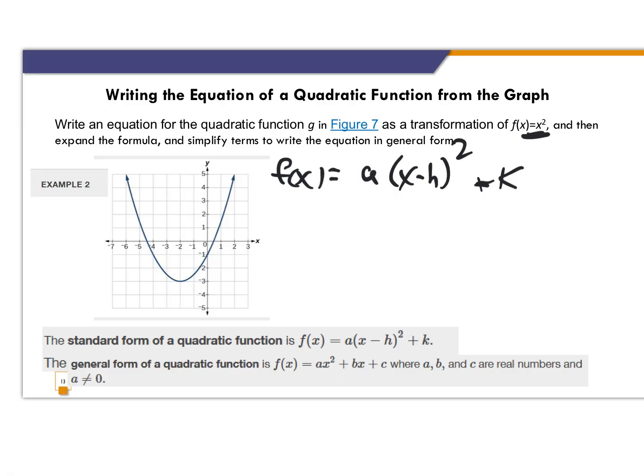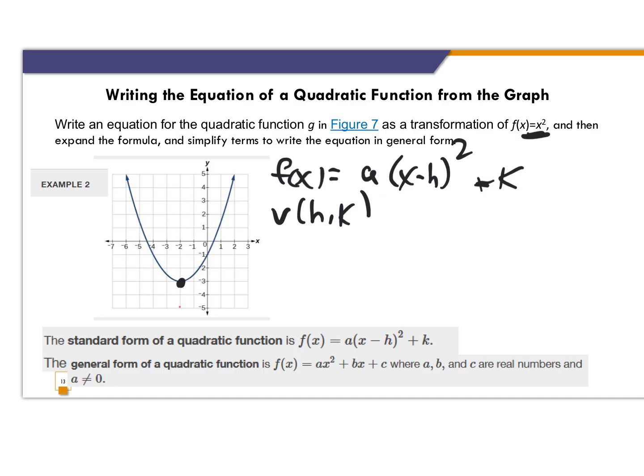If h is negative, we'd be going left. In this case, my vertex is down here. So the hk, my vertex, is h comma k. So I think I was correct at where I was suggesting the vertex was.